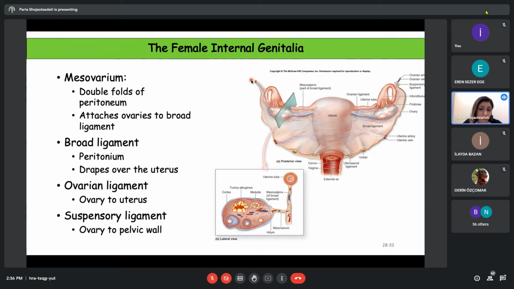The suspensory ligament of the ovarium connects the ovarium to the lateral wall of the pelvis, but the proper ligament of the ovarium connects the ovarium to the lateral edge of the uterus. That is the difference between the nomination of these two ligaments, this one and this one on both sides.